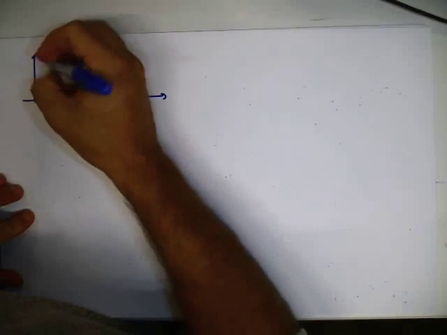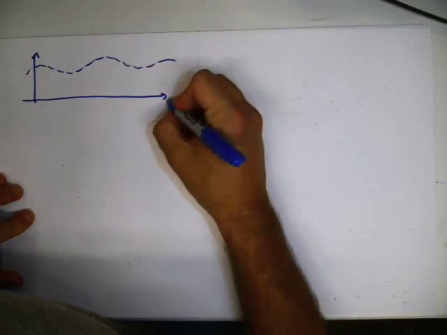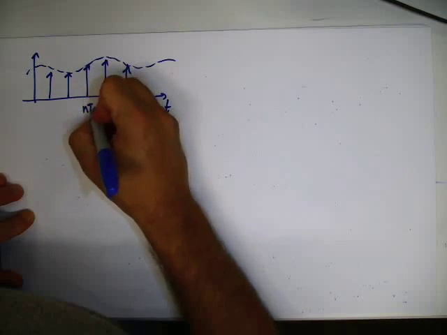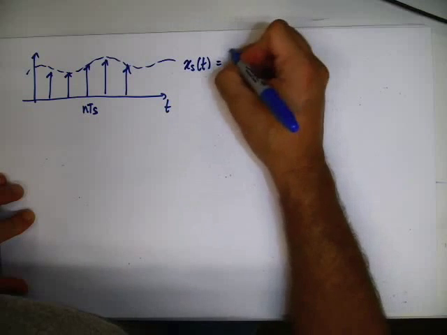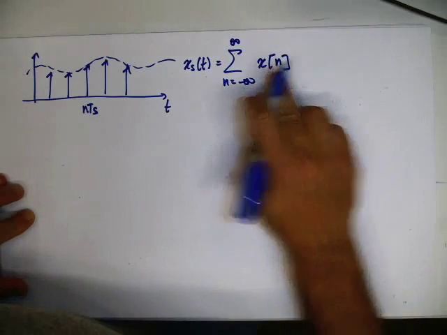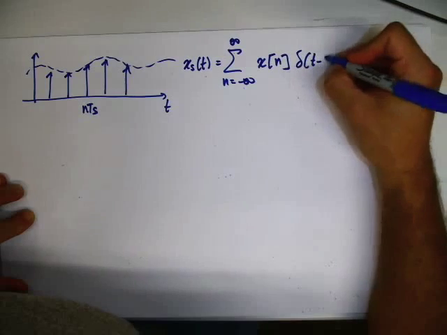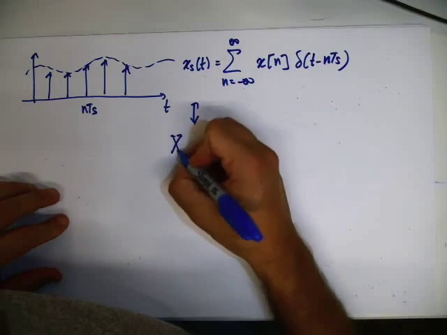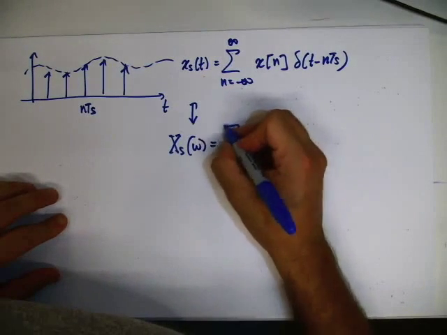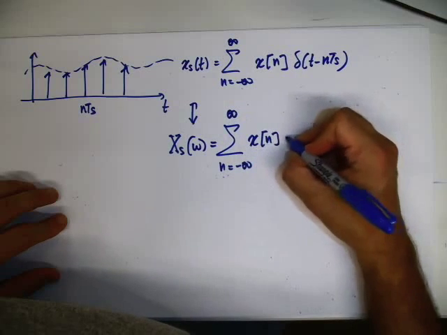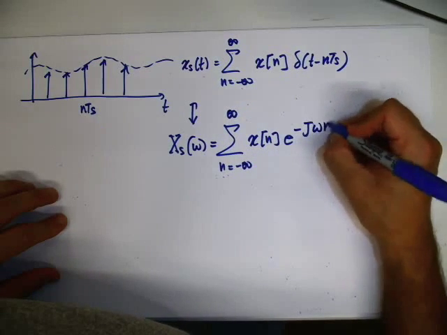So we see that the Fourier transform of the discretized signal x s of t, which is given by the sum from n equals minus infinity to infinity of the discrete signal times shifted deltas, we have seen that its Fourier transform is given by the sum from n equals minus infinity to infinity of x n e to the minus j omega n ts.